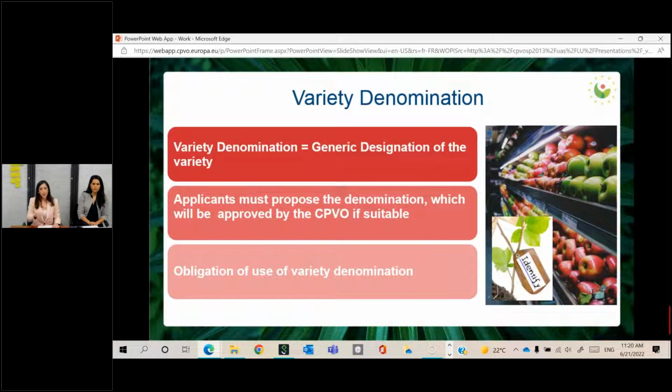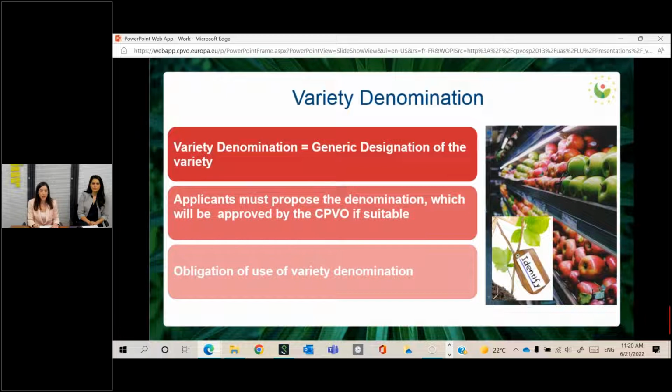Then we have the requirement of the variety denomination. A denomination is the generic designation of a plant variety. It is a requirement for the grant of the plant variety right, but it is not part of the intellectual property rights.